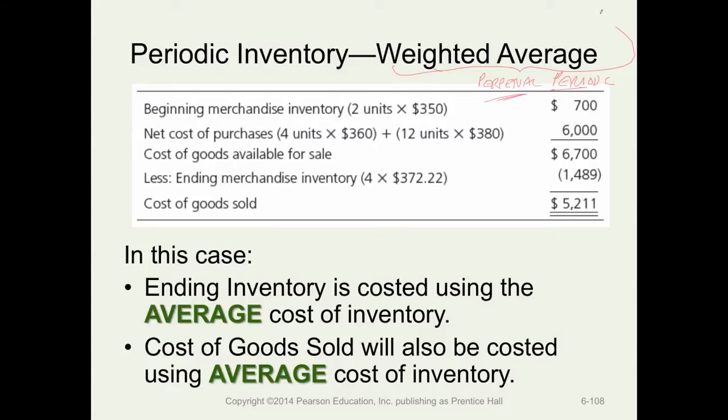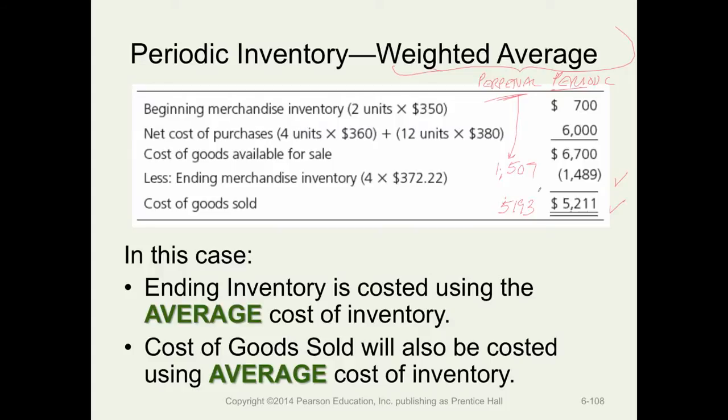Under weighted average periodic, the ending inventory is going to be $14.89, and the cost of goods sold is $5,211. Under the perpetual basis, if you go back to Module 2, you're going to find out the ending inventory was $1,507, and the cost of goods sold was $5,193. Now, of course, equal to 67 in both, but notice the differences.